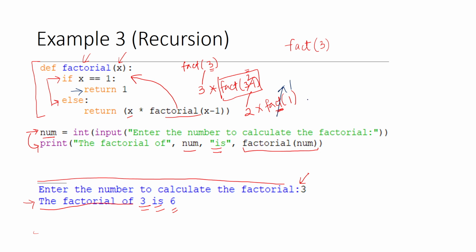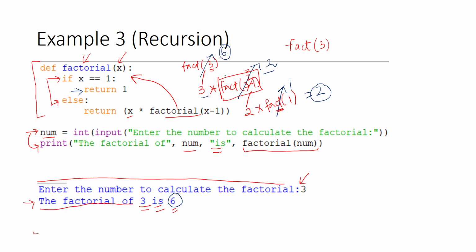So 2 into 1, the value becomes 2, right? This 2 represents fact 2, so fact 2 is now returning 2. Now when fact 2 returns 2, 3 into 2 is 6, so fact 3 returns 6. So when I know the value of fact 3, I can print the value 6.